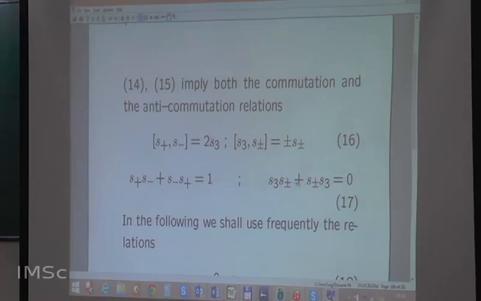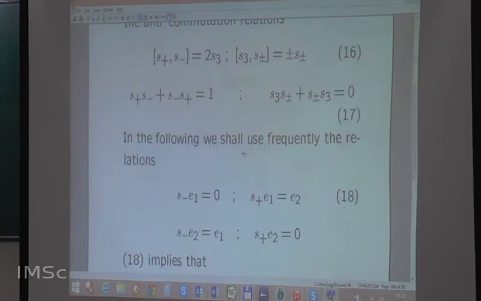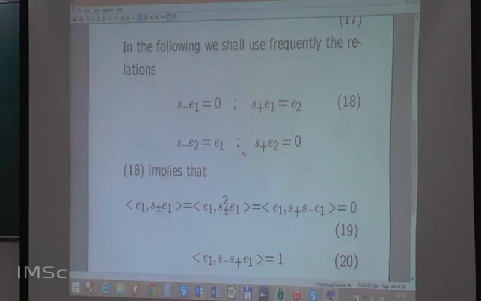The anti-commutation relations here are the standard anti-commutation relations that define fermions. And the commutation relations that you see here play another fundamental role in mathematics because they are the Lie algebra of SO3, the simple orthogonal group, of orthogonal matrices with determinant +1.